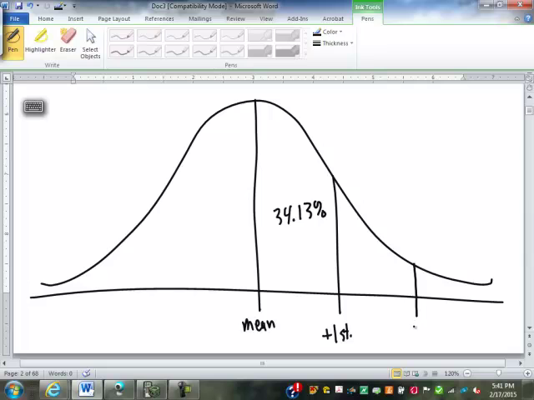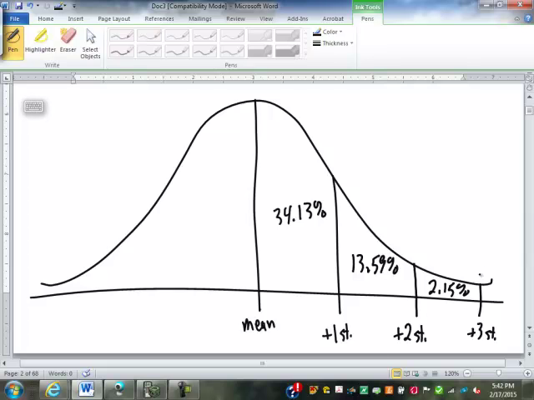If we go up another step of another standard deviation, so plus 2 standard deviations, between the 1 and 2 standard deviations, we expect 13.59% of the data to be in that range. If we keep going, a 3rd standard deviation, we expect about 2.15% to be between the 2 and 3 standard deviations.